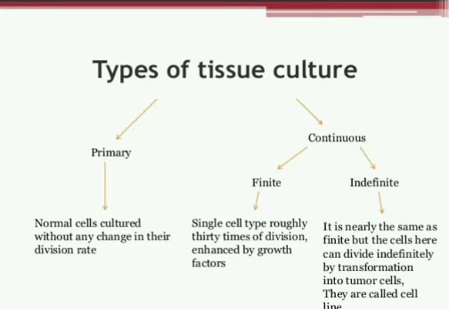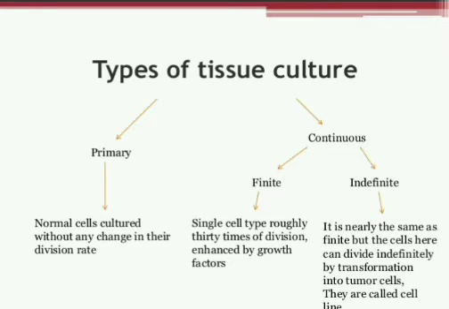This is another slide which tells you about the three types of cell line. The main type is the continuous cell line, when a finite cell line undergoes transformation and acquires the ability to divide indefinitely. Then the finite cell line: normal cells usually divide only a limited number of times before losing their ability to proliferate, which is a genetically determined event known as senescence.